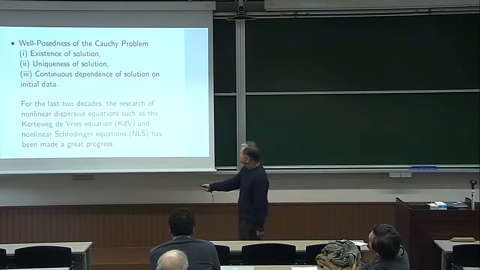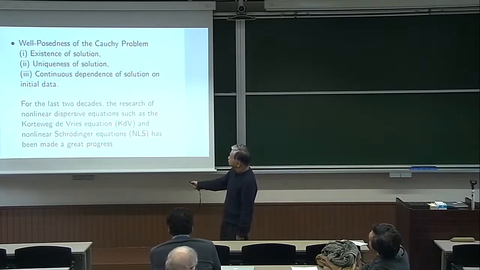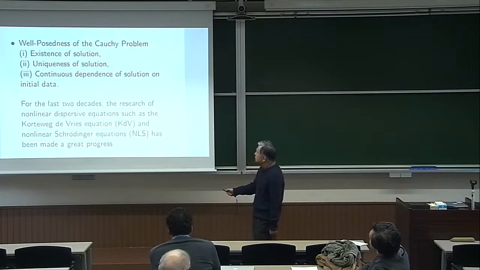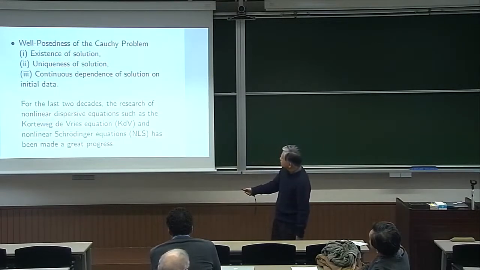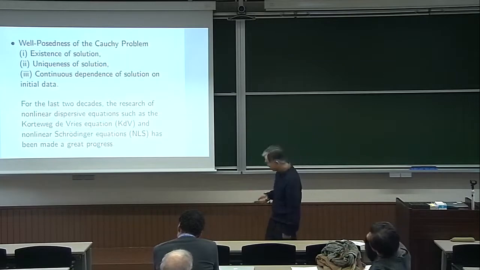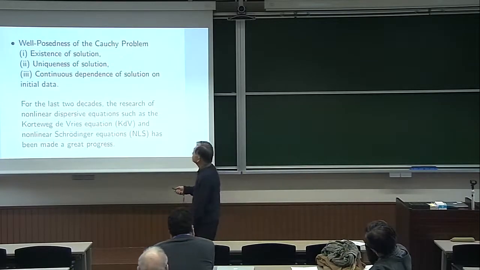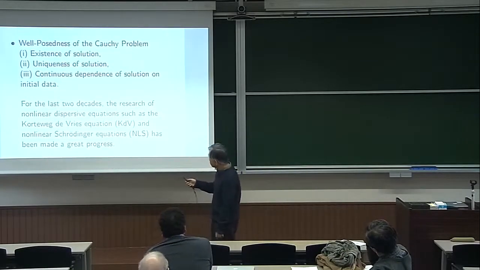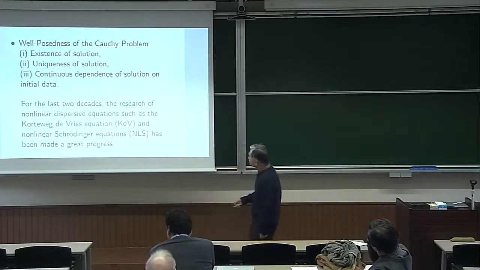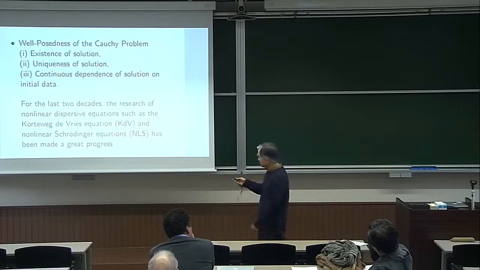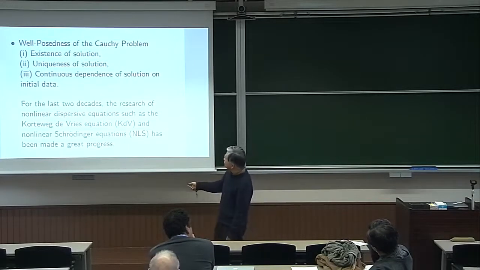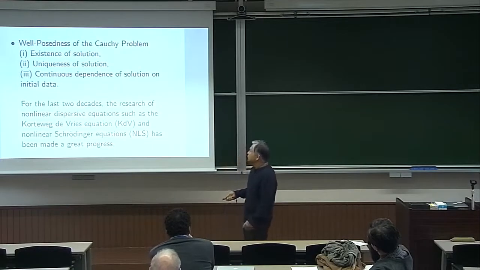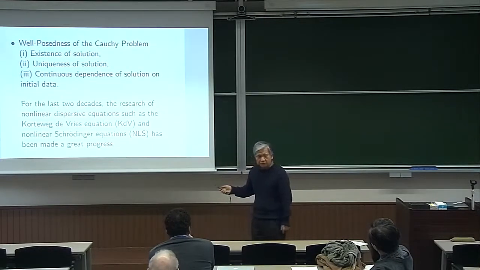The second, the uniqueness of solution. Third, continuous dependence of solution on initial data. This is originated by Hadamard. If any one of these three conditions fails, we say the Cauchy problem is ill-posed.